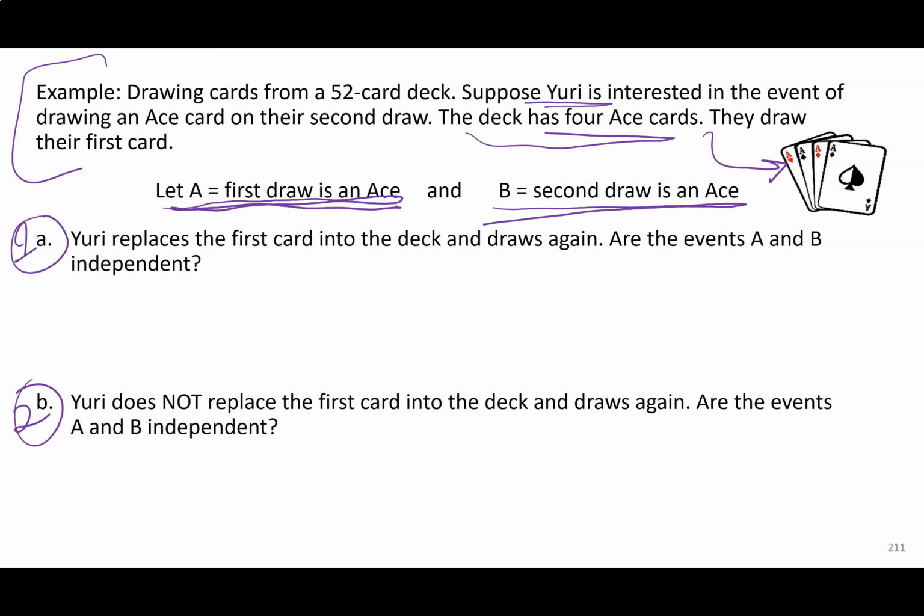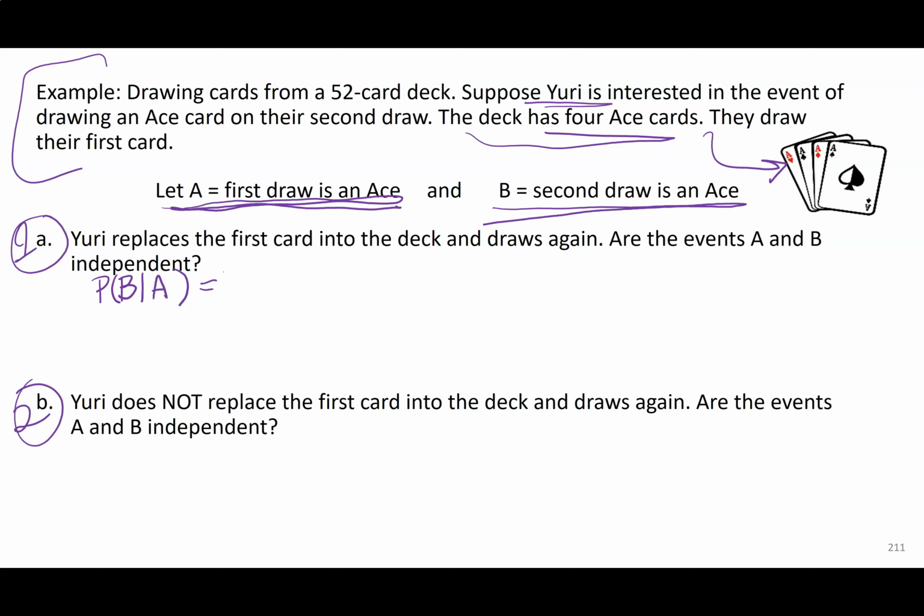So, the probability that B happens, given that we know that A happens, means the probability that we get an ace on our second draw, given that we got an ace on our first draw. However, we get an ace on our first draw, put it back in the deck, shuffle, and then draw again.